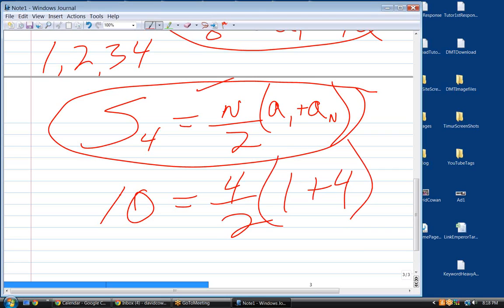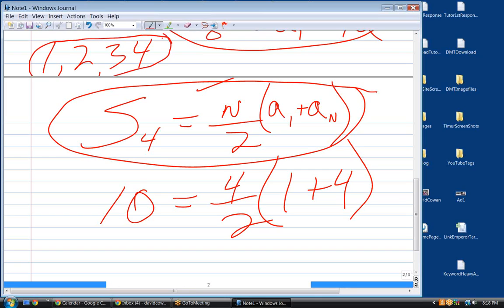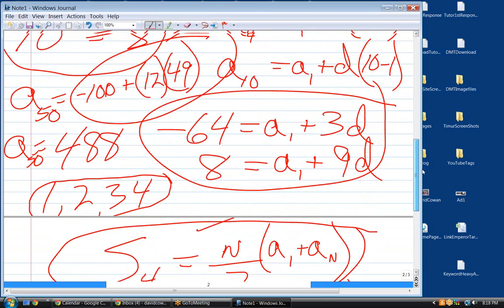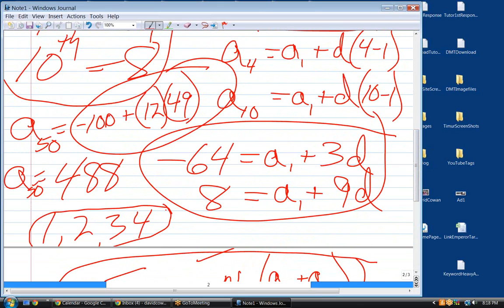If you have a complicated formula to memorize, and you're not positive you got it right, well, apply it to a very small arithmetic sequence that you can do by hand. In other words, I couldn't do the other one by hand. I couldn't list out 50 terms and add them up. So I don't know whether that answer is right or not.